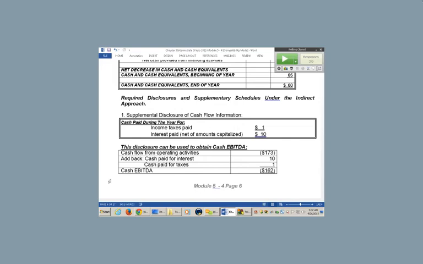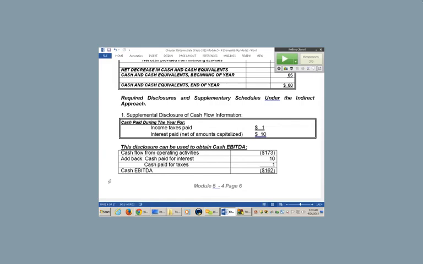So this is basically the cash that you used up in operations in the true sense of the word, EBIT or EBITDA as we call it. So the disclosure is there to enable a user to correct the accounting definition of operations. So when we say operating activities, we're wrong because we have obviously taxes and interest in there as well. All right, so that's the purpose of that disclosure.